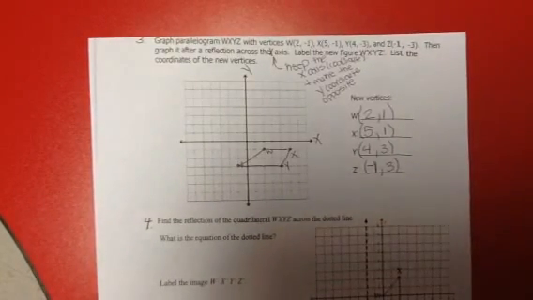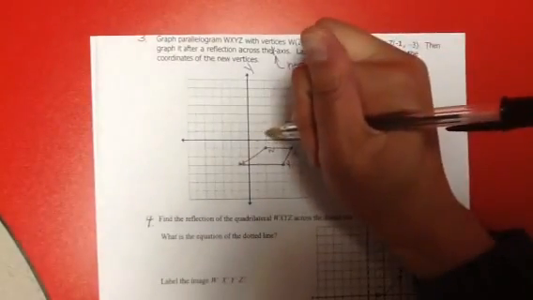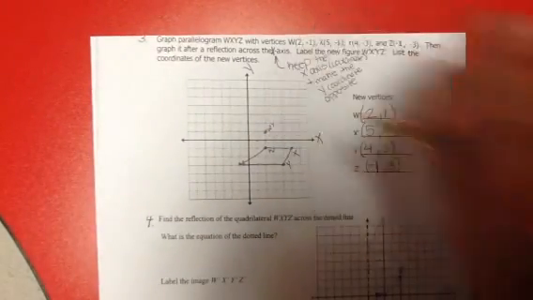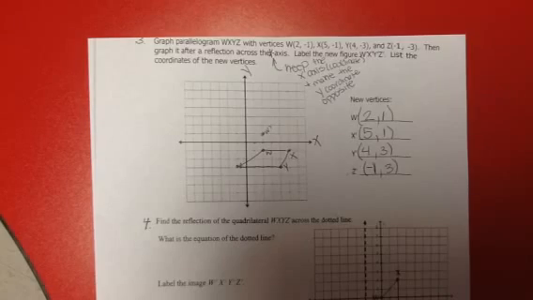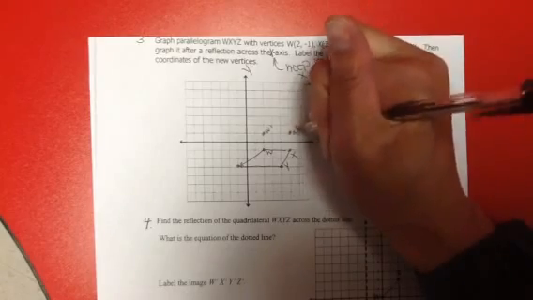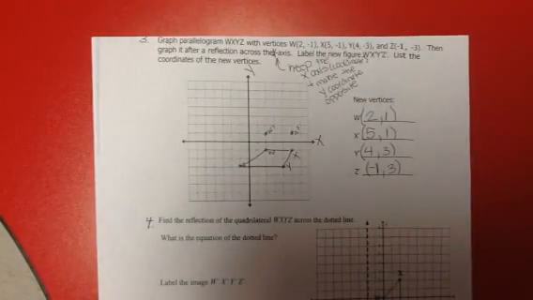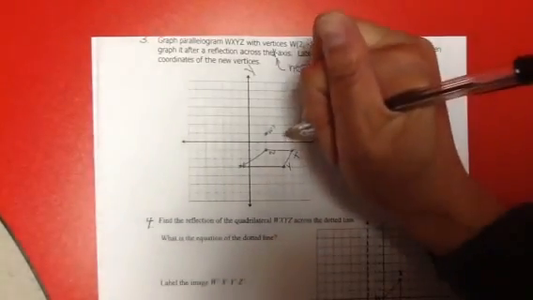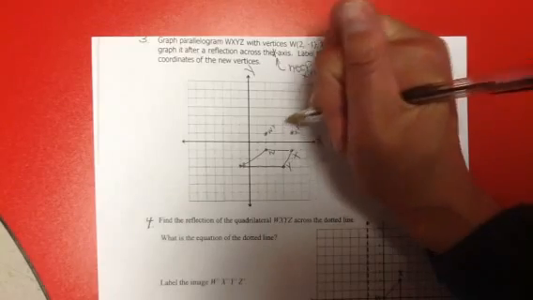So now I will plot these. I have 2, 1. That's W prime. Then I have my X prime, which is 5, +1. My Y prime, which is 4, and then +3.